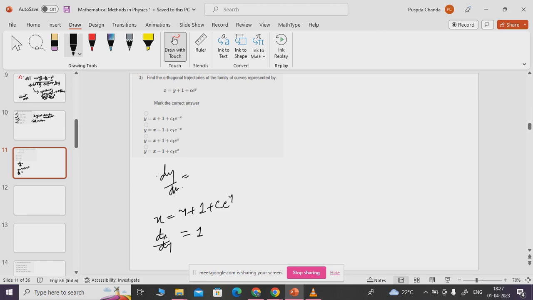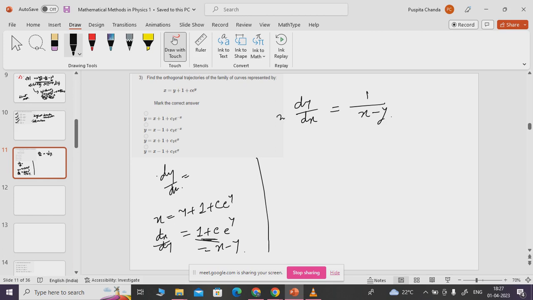So first we obtain dx dy, which is 1 plus c e to the power y, which is x minus y, because for these orthogonal trajectory problems, when we obtain slopes, there should not be any constant, so we can write this way. Now we need dy dx, so it will be 1 by x minus y.